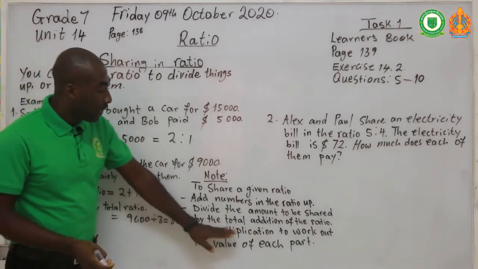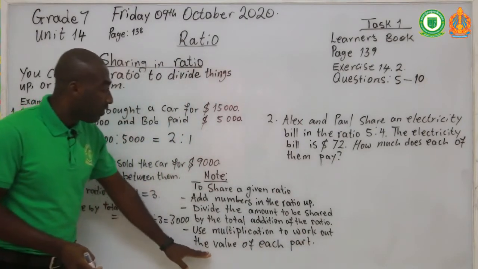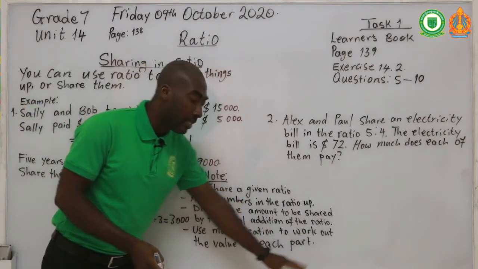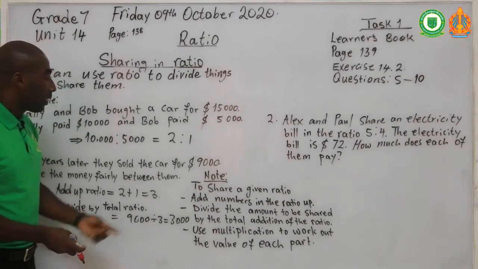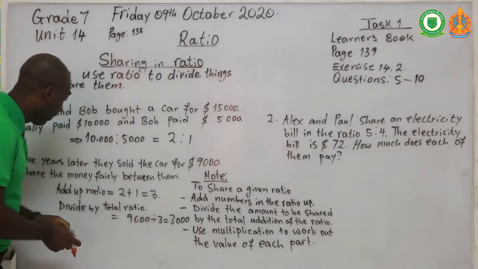Now you use multiplication to work out the value of each part. That means each part will be 3,000, okay?